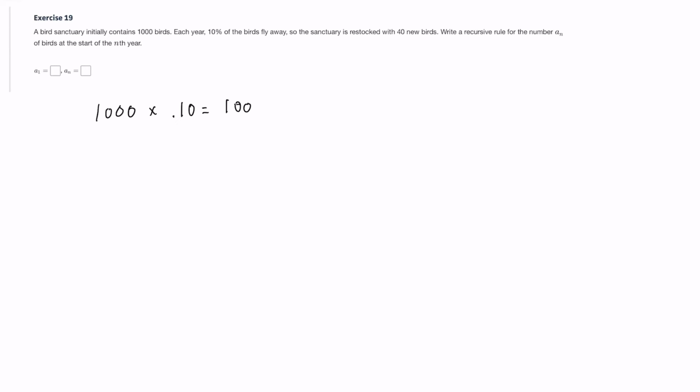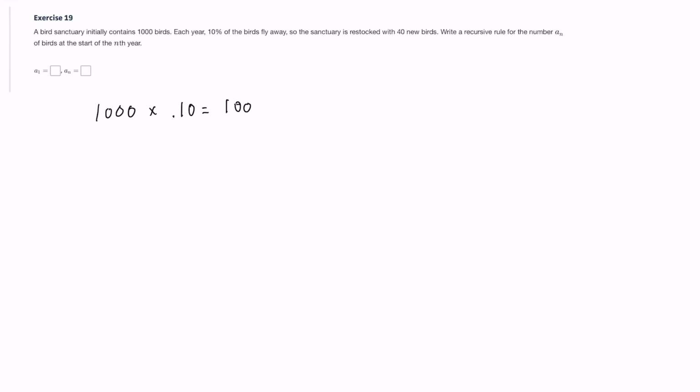Now, you have to think, do we only have 100 birds left? Because each year 10% of the birds fly away. So when you come up with the recursive rule, you can't use 10% or 0.10 in your rule. Well, what do we use?